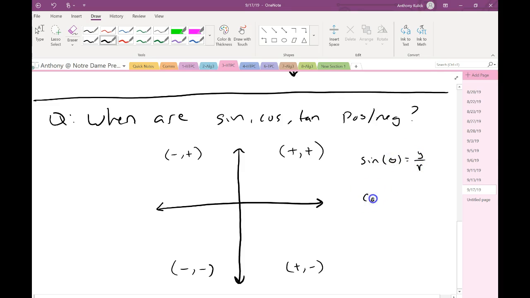If we remember our point definitions for sine, cosine, and tangent, sine is y over r, cosine is x over r, and tangent is y over x. What can I say about r?